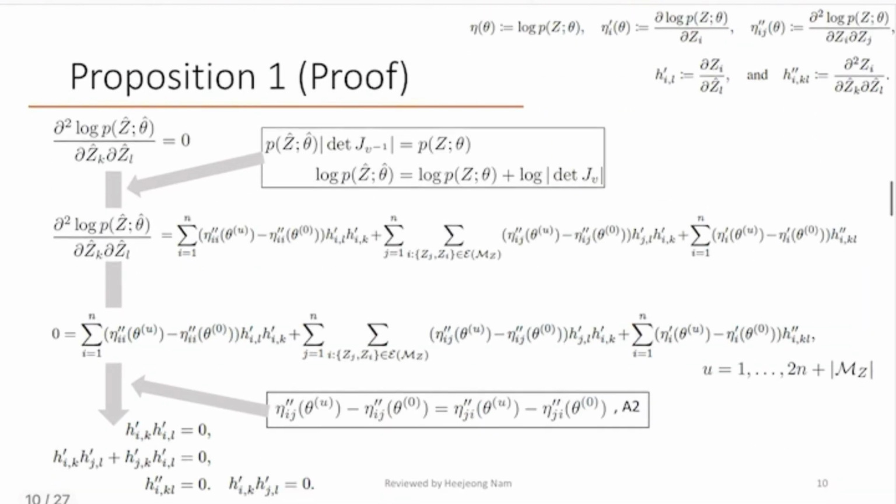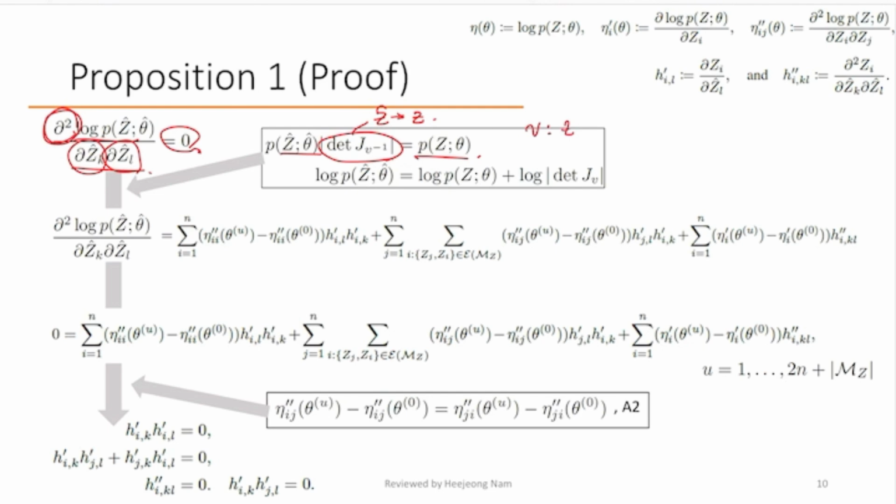So we'll see a brief overview of the proof. We started from the cross derivative being equal to 0. We differentiate log of pz hat twice, one time with zk hat and one time with zl hat. If we consider the Jacobian matrix, which transforms from z hat to z, pz hat given zeta hat multiplied by the determinant of the inverse Jacobian is equal to pz conditioned on zeta.